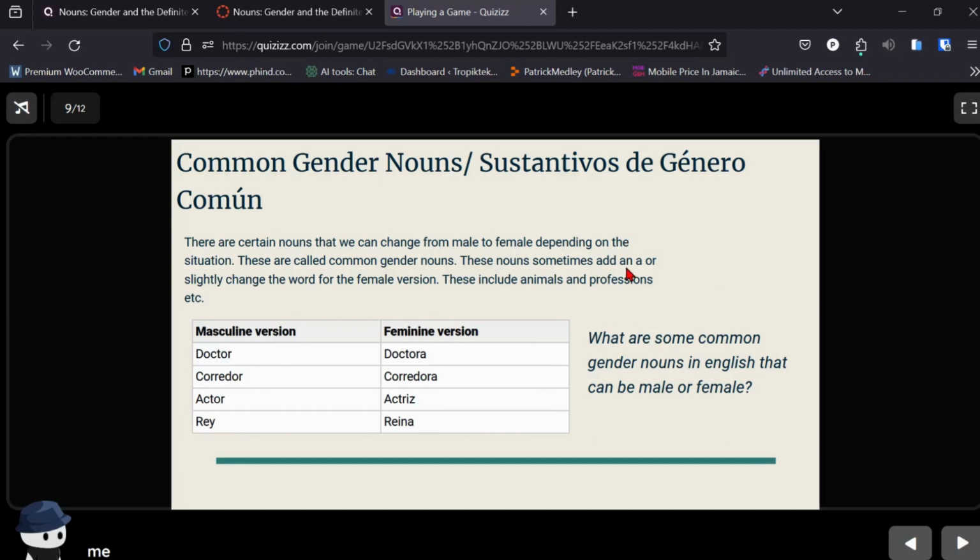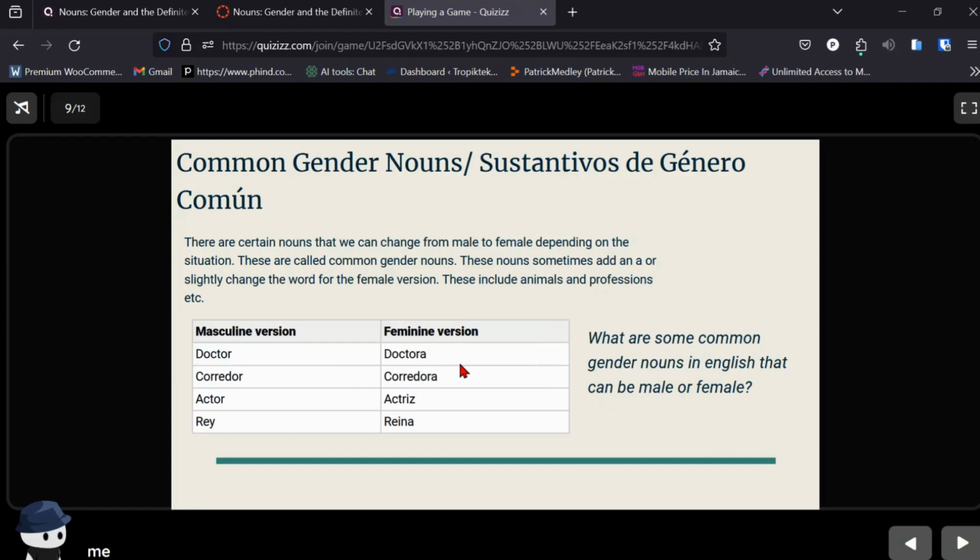So the question is, what are some common gender nouns in English that can be male or female? Now, in English, it's not always as obvious. For example, a female doctor can just be a doctor, right? There's no difference in the actual wording. Just like I can say a baby can be male or female, right? And so also a cat.